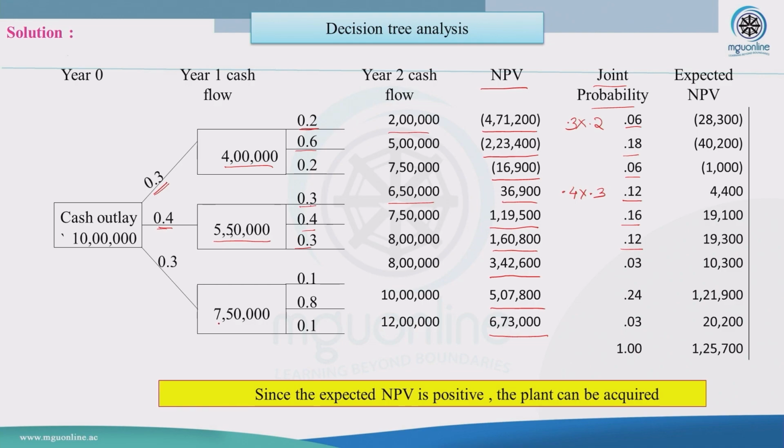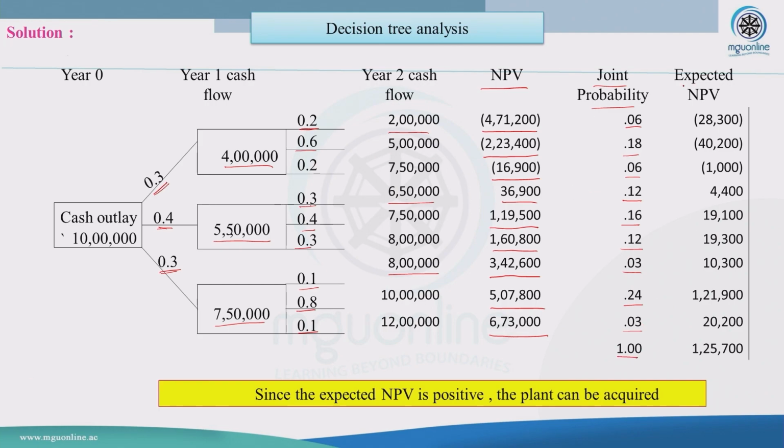And the probability of getting rupees 7,50,000 will be 0.3, and the probability of getting 8 lakh will be 0.1. So, 0.3 into 0.1, 0.03, then 0.3 into 0.8, 0.24, 0.3 into 0.1, 0.03. The total of joint probability will be 1.